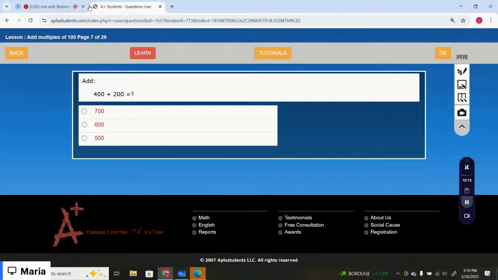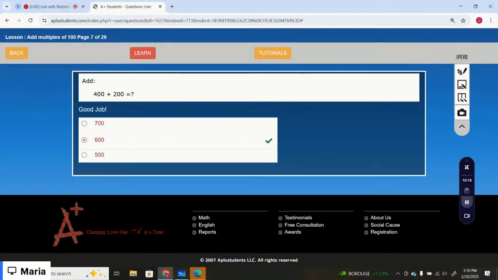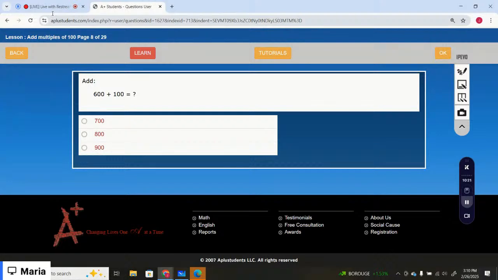400 plus 200 equals 600. Option number 2 is the correct option. 600 plus 100, which is the correct option?